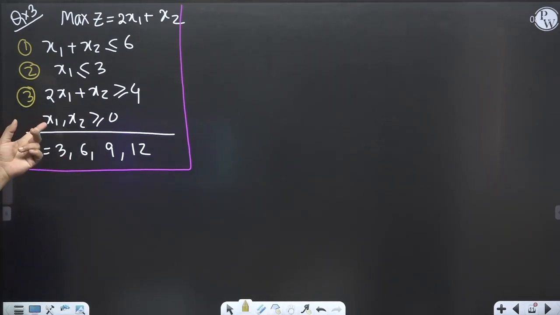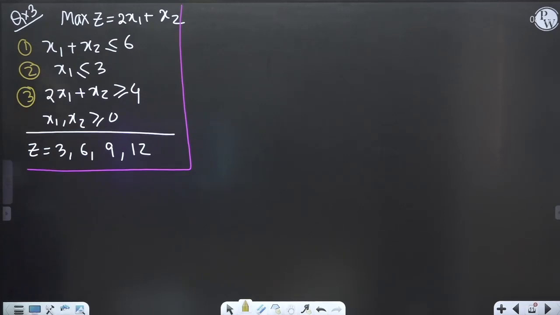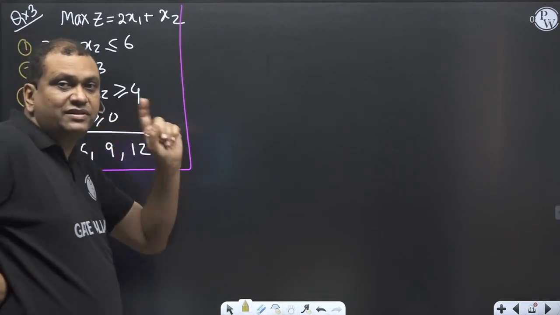You have to draw the objective function lines of 3, 6, 9, 12 over the feasible region.